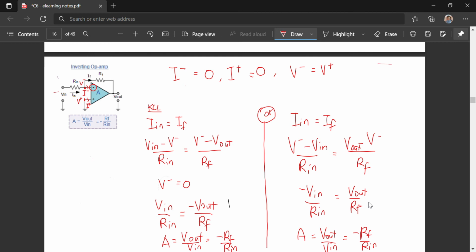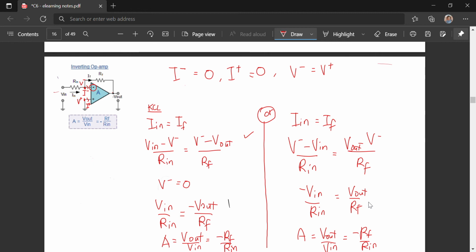So you can choose to use either V in minus V minus over R in, or V minus minus V in divided by R in. Both will give you the same gain. But make sure if you take V in minus V minus, for I F you also take from V minus to V out. Make sure for I in and I F you take the same direction, the same way you read the voltage.